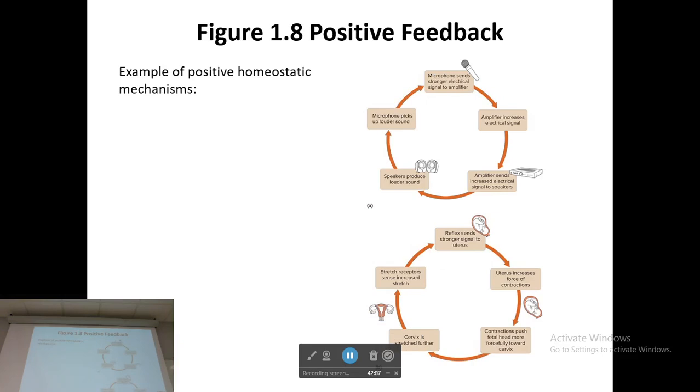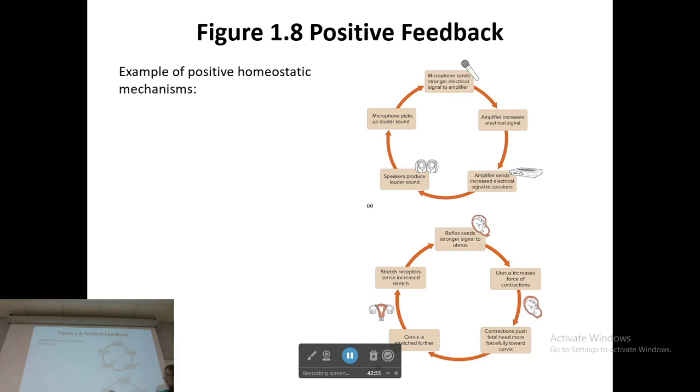Okay, so here we've got an example with the microphone sends stronger electrical signal to amplifier. So that's just an electronic example. But here we have, I'm sorry, this is positive feedback. So this is the labor contractions that I talked about.